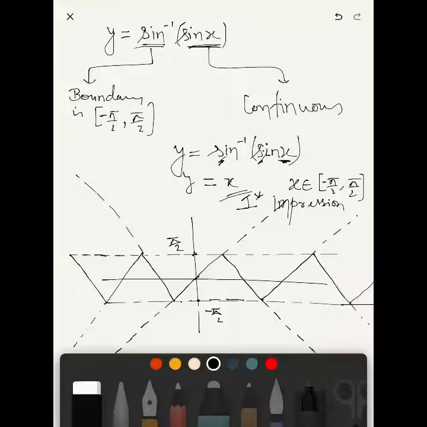So how is your graph now? What is your original graph? Your original graph is the one which I am drawing with red ink.